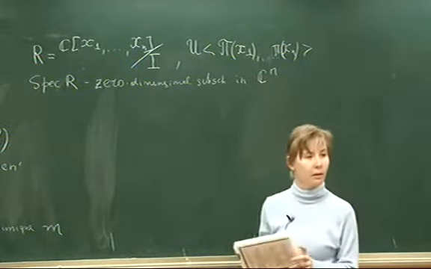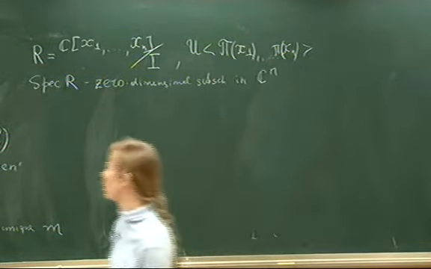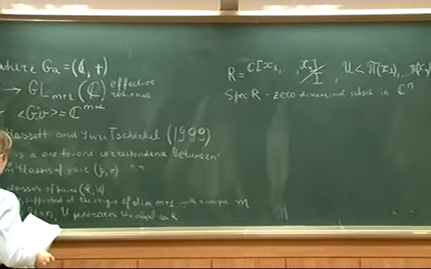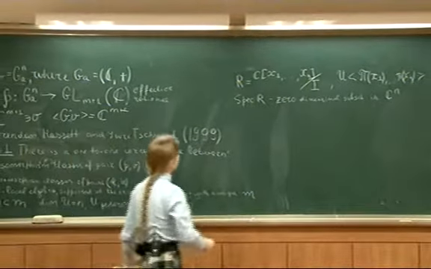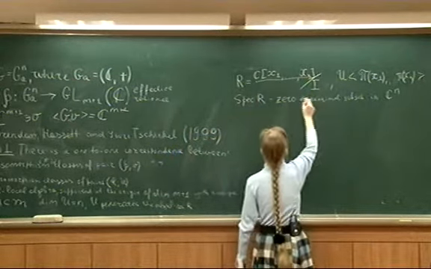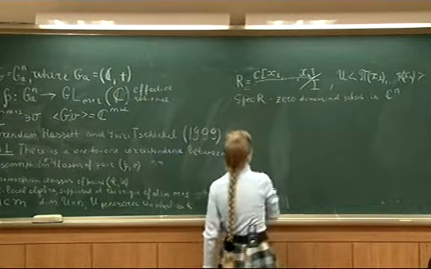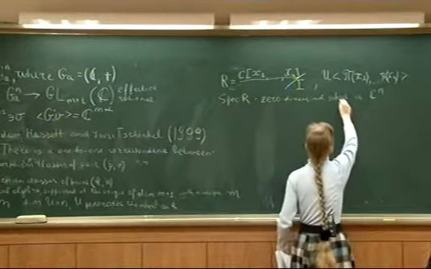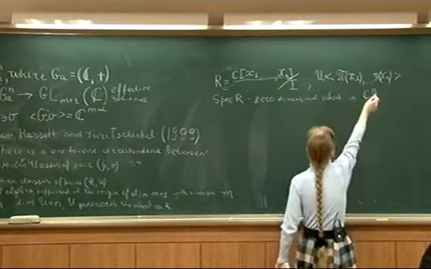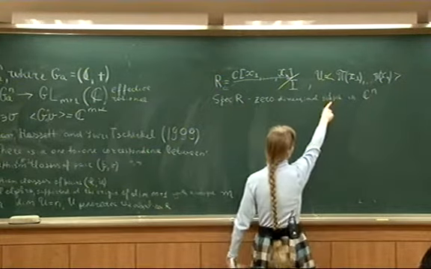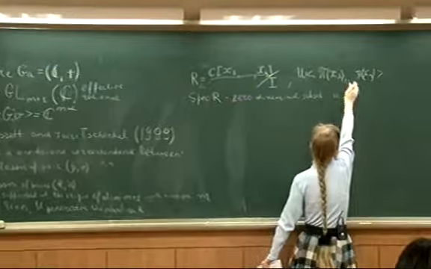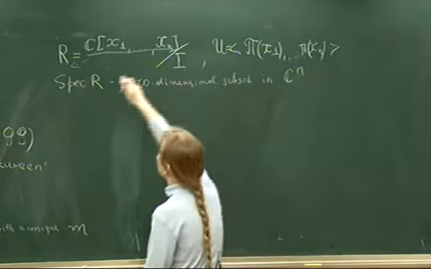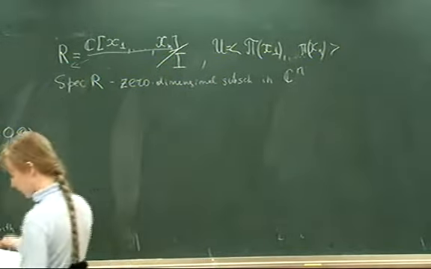What is pi? Pi is the quotient map from this polynomial algebra to R. Yeah, you're right. So U is equal to this one? U is equal to the linear span of the images of the generators, so it is of dimension n in general case, and it generates the algebra R as is written here.